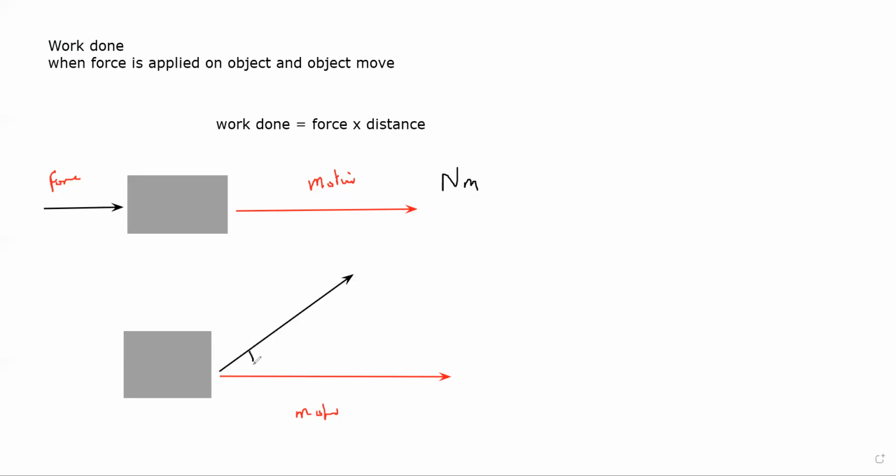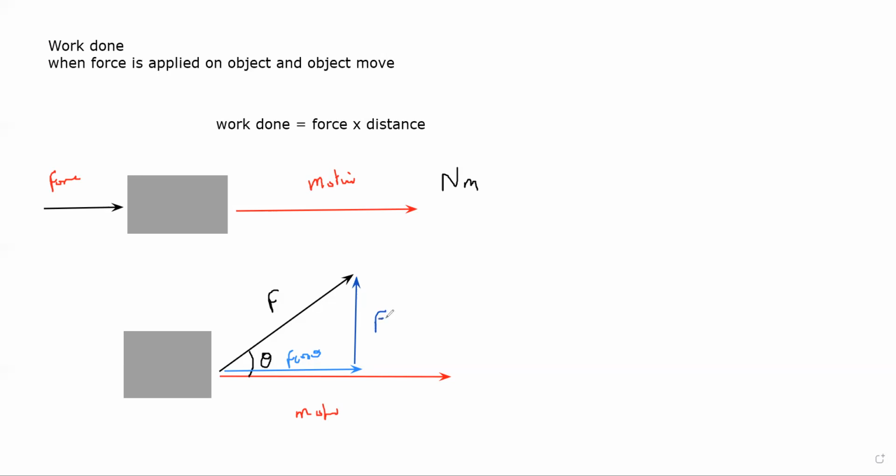So if the force is making a certain angle theta, we will have two components of the force. One of the components is horizontal, and we get this horizontal component of the force as F cos theta. And the other one is the vertical component of the force, that is F sin theta.